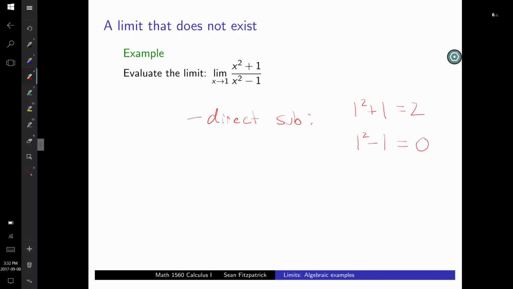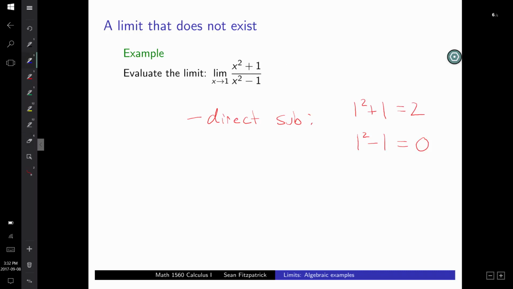We will talk about infinite limits in a later video, but the simplest thing we could do here is this. We shouldn't say 2 over 0, that's not a good thing to do.